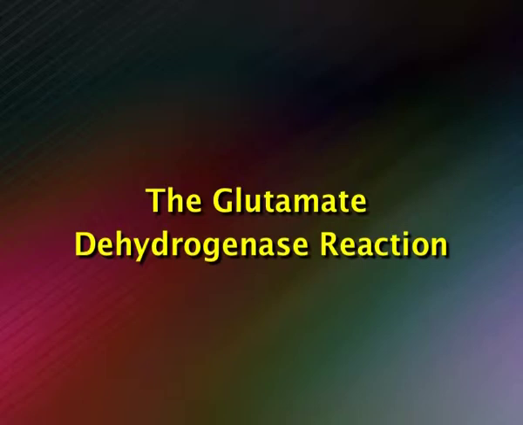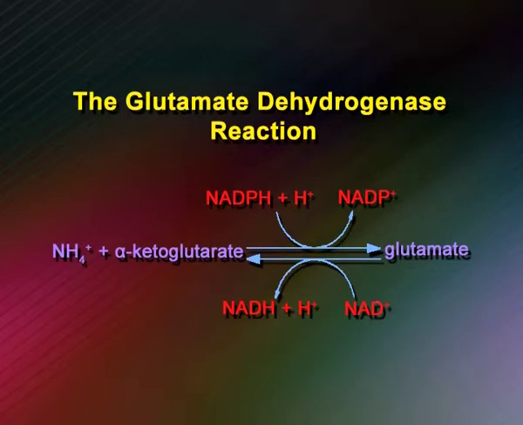If you see the figure, a free ammonia adds itself to a keto acid called alpha ketoglutarate, which is the principal keto acid that is formed in the citric acid cycle. These two together form the amino acid glutamate, which is the gateway to all other metabolic pathways of amino acids.